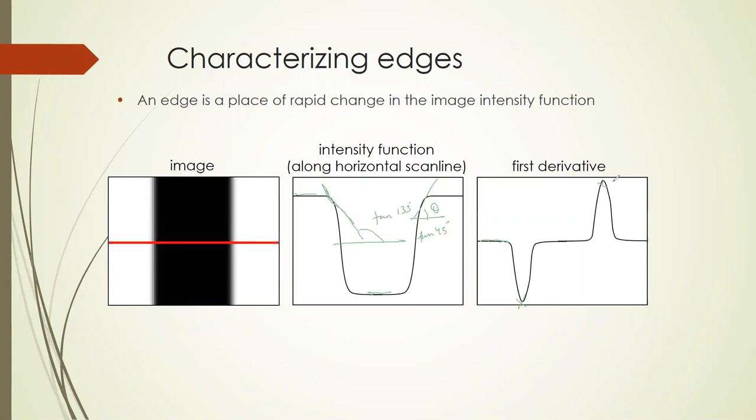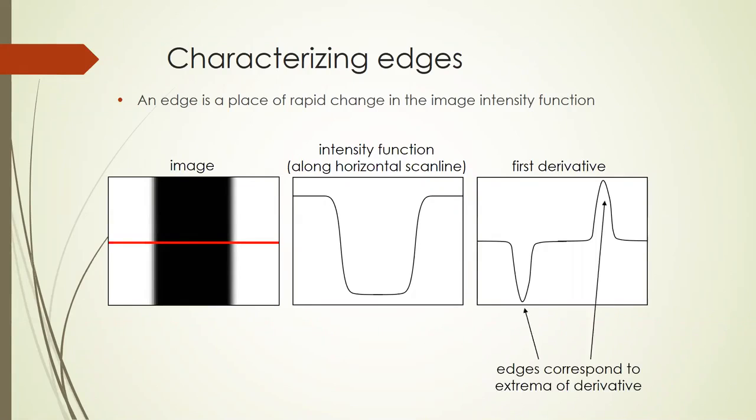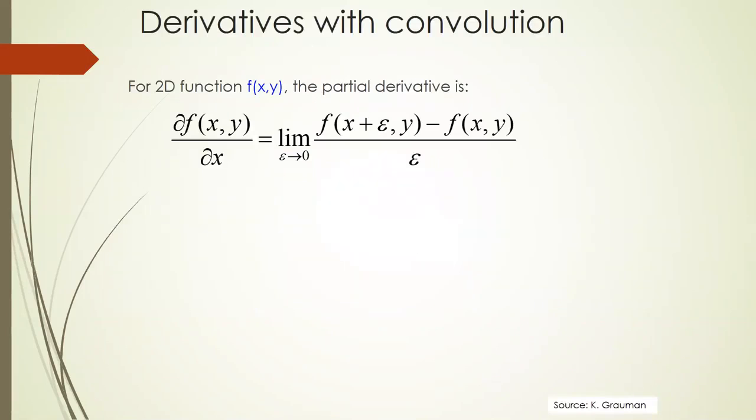By doing the first derivative, you will come to know whether there is a chance of a line being there or not. Get the idea? What did we achieve through the first derivative? Basically, edges correspond to extrema of the derivatives. It could be a minima, it could be a maxima as well.